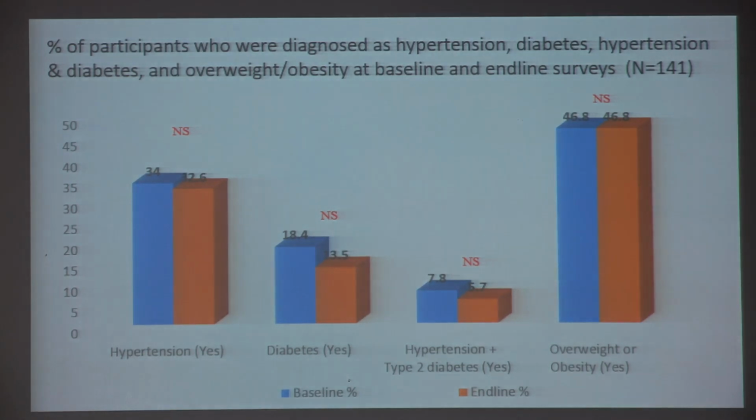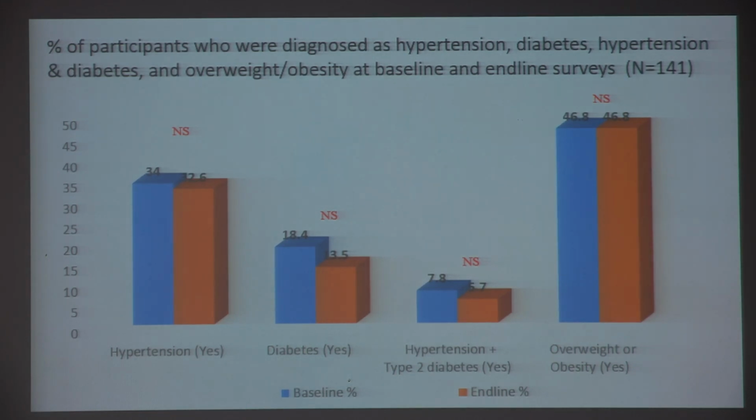So this is a result I would like to share. This graph shows the percentage of the 145 Saras Daily workers who were diagnosed as hypertension, diabetes, both hypertension and diabetes, and overweight or obesity.